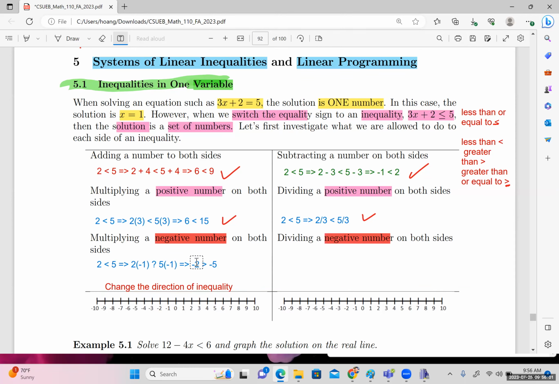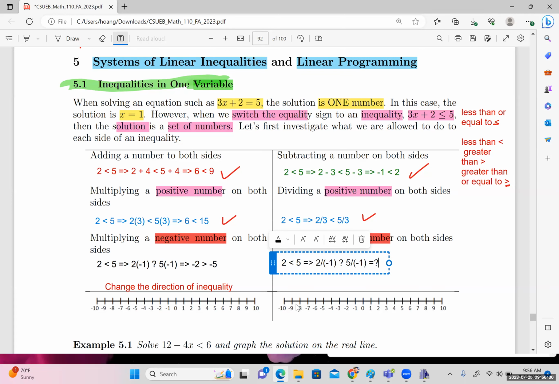What about the other side, division? We start with 2 less than 5, and I divide 2 by -1 and 5 by -1.